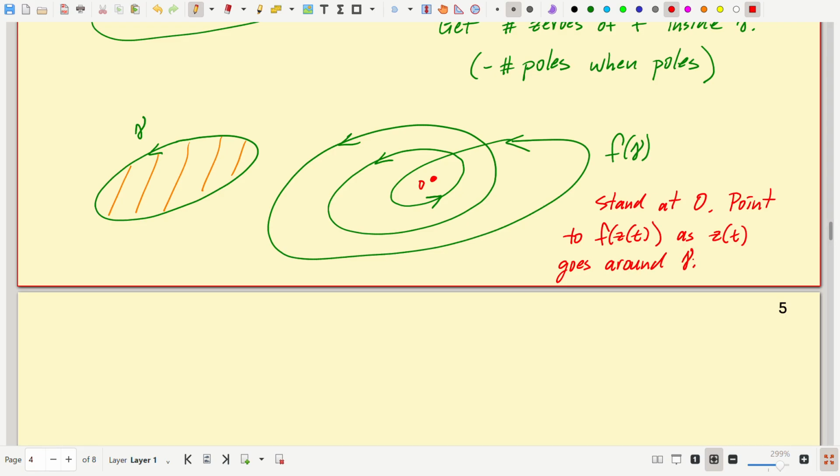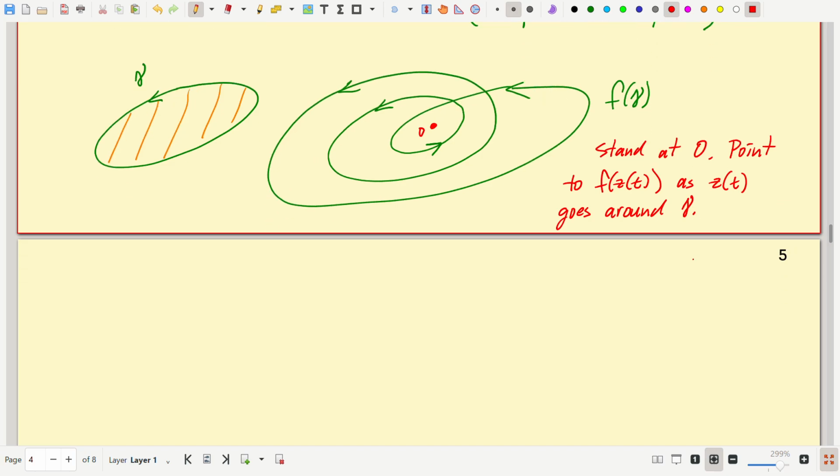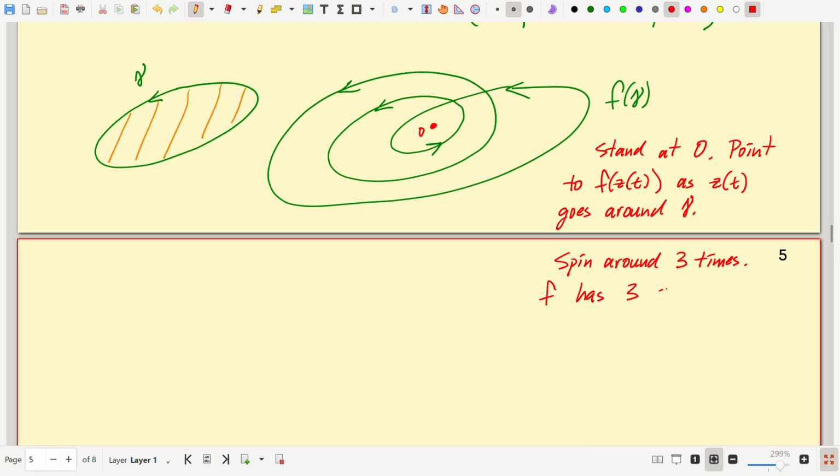In that picture, I would spin around 3 times. And so that means f has 3 zeros inside gamma.